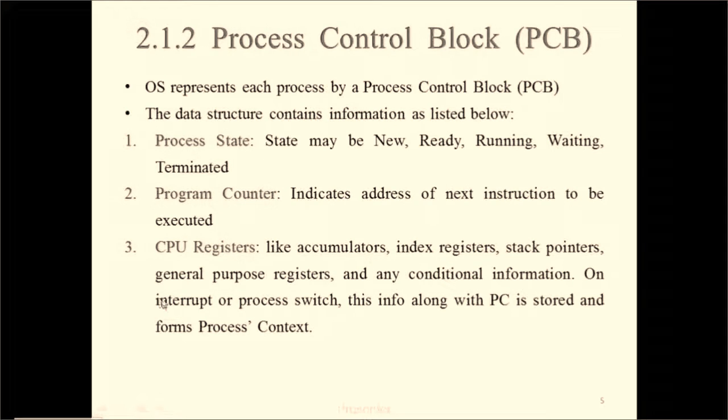On interrupt or process switch, this information along with the PC is stored and forms the context of the process. We'll go into process context and process switch in detail afterwards as we proceed, not far from now.